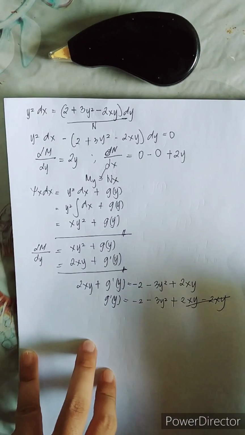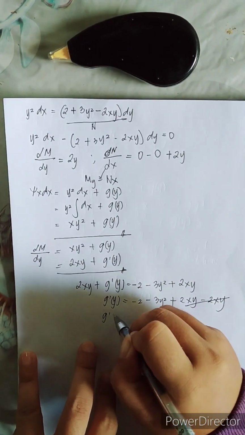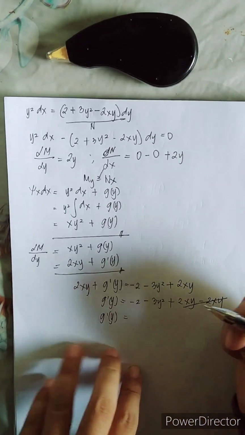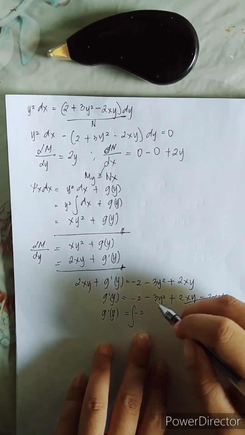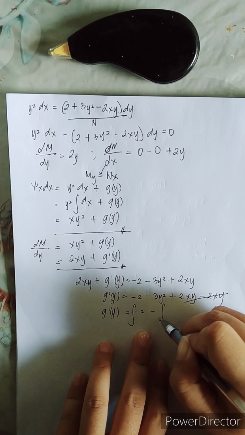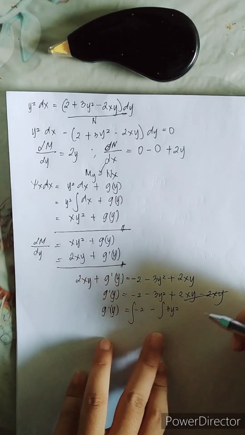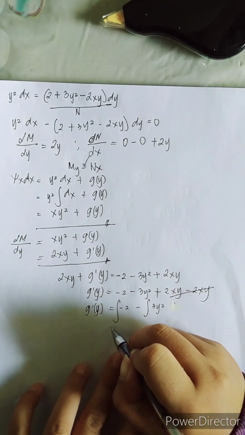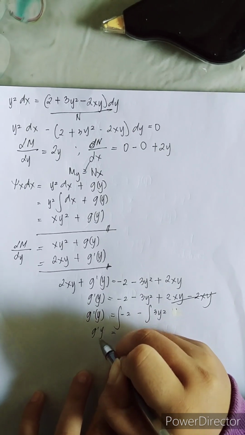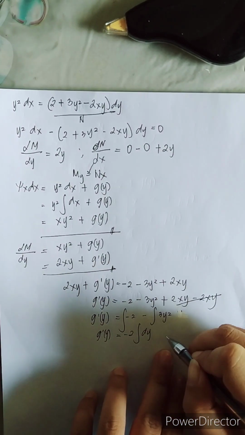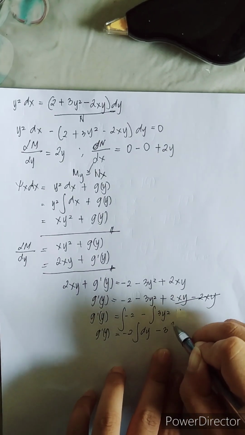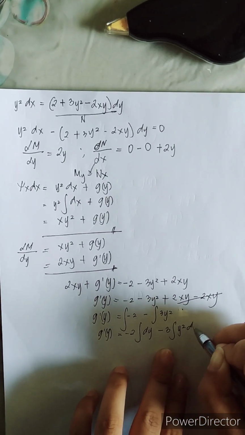This will be cancelled. Then integrate to get the value of g of y: negative 2 minus the integration of 3y squared. Factor out the constant first. G prime of y, negative 2 integration of dy minus 3 integration of y squared dy.